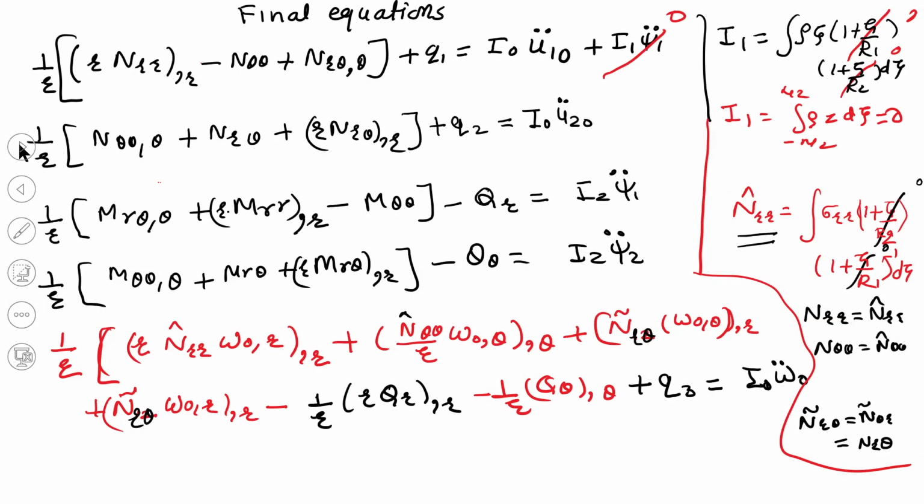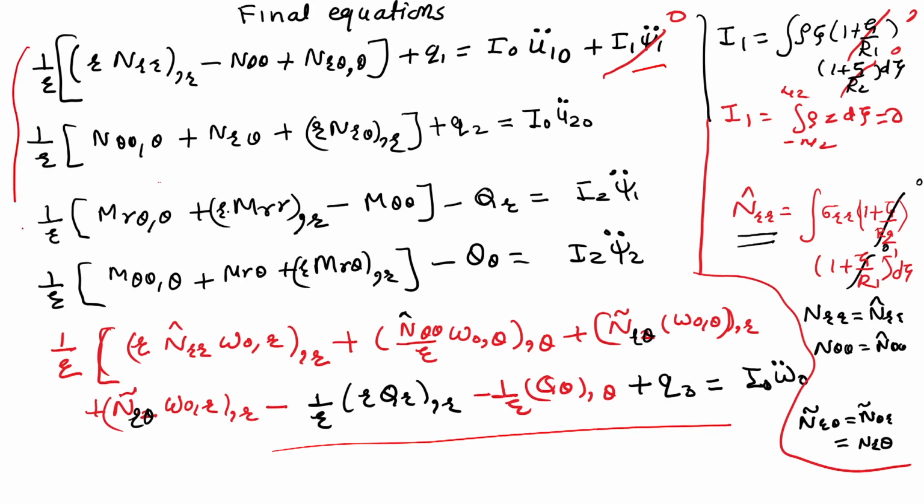So, finally, I have written the final set of governing equations which we have deduced from the shell, which will look like this. So, for this case also, that I1 contribution will not be there, and finally the contribution of the fifth equation will look like this. So, this is the same governing equations.